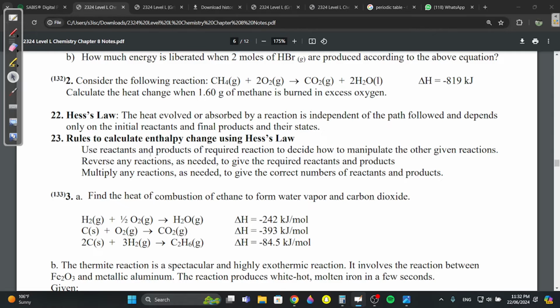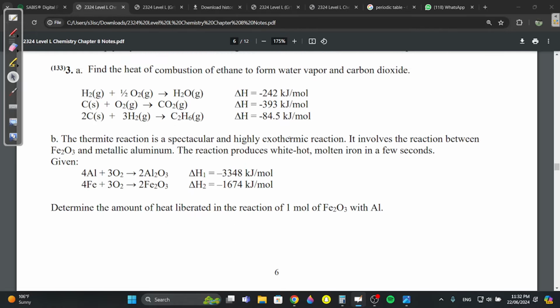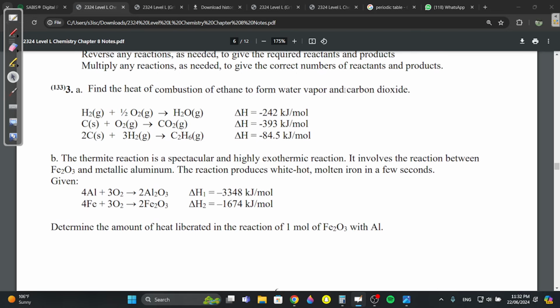Hess's law. These are the ones we don't like. Find the heat of combustion of ethane, combustion of ethane to form water vapor and carbon dioxide. Ethane is C2H6. Combustion means burning with oxygen, to produce water vapor, H2O, plus carbon dioxide, CO2. Is this balanced?